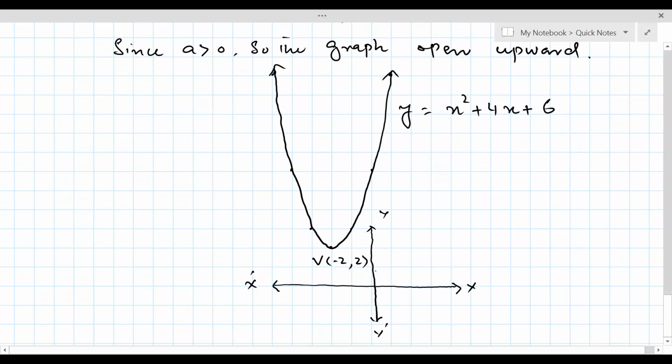This is the y-intercept, that is 0, 6. That's it for now about quadratic functions. We will do a couple more lessons regarding using technology to graph and estimate quadratic functions from the given data, but that will come a little later.